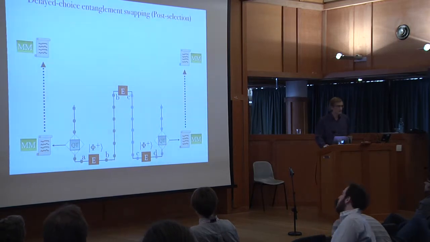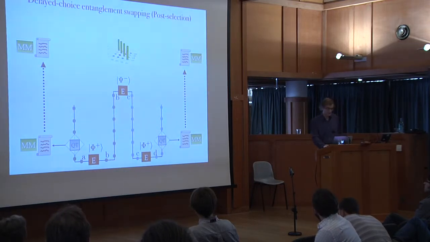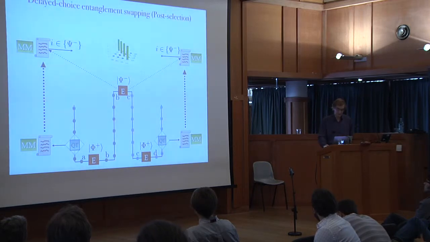The data goes forward in time, of course, and it'll be maximally mixed. And once again, we want to pick out the sub-ensemble in which psi minus was the result of the entangling operation, send the information forwards in time, construct the state, and it will be in the state psi minus.